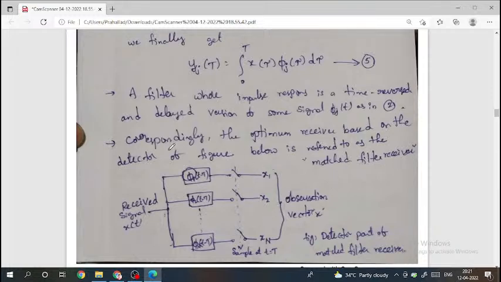Previously, in the correlation receiver we have the detector and vector receiver, and here this is a special type of optimum receiver, hence the detector is changed. Every receiver consists of two parts, detector and vector receiver, and here the detector part is changed and the vector receiver is the same as the previous correlation receiver.